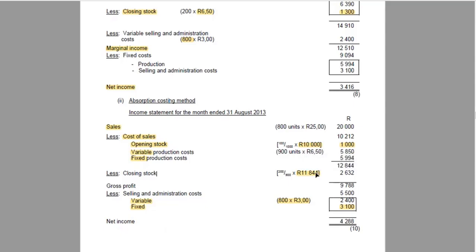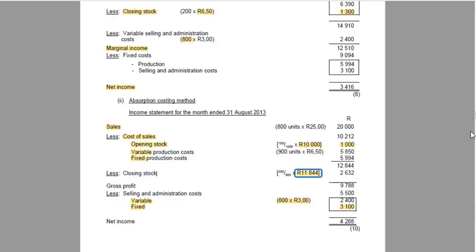But because it's first in, first out, you use the last production cost, which is this 11,884. And how you get it, you take your variable production plus the fixed production, it gives you the 11,884.